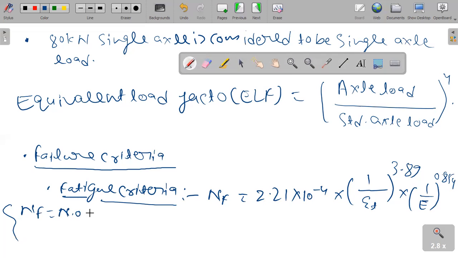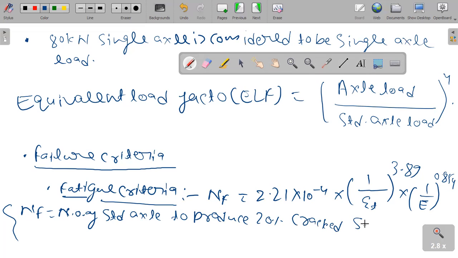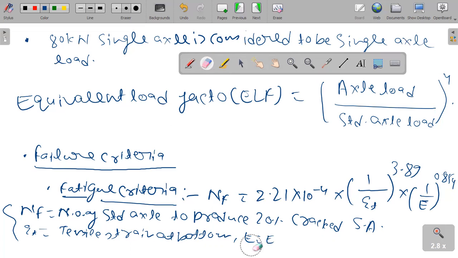Epsilon t is the tensile strain at the bottom, and E is the modulus of elasticity, which you'll all know, so no need to write this.